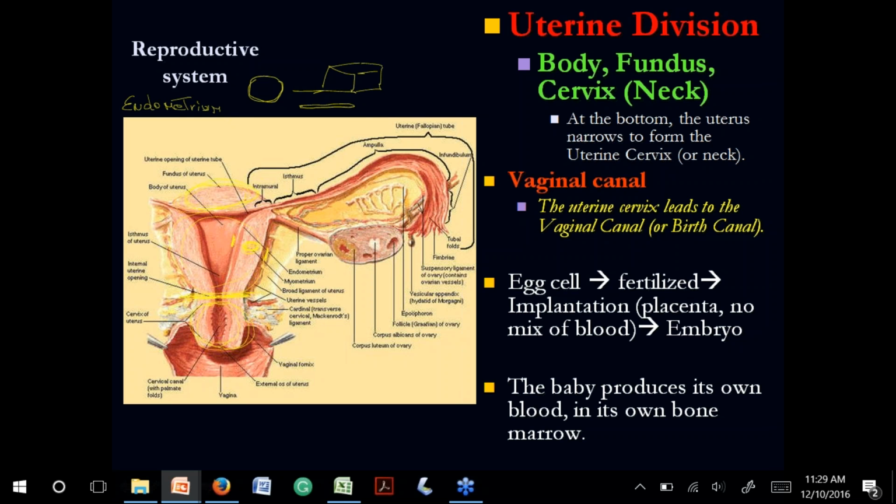And here we have the myometrium. Myo means muscle, we know that. And we have here the perimetrium. Perimetrium is the outer layer of the uterus.